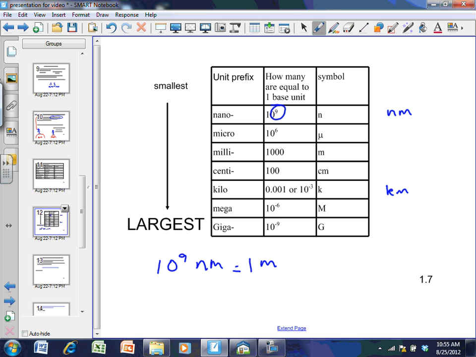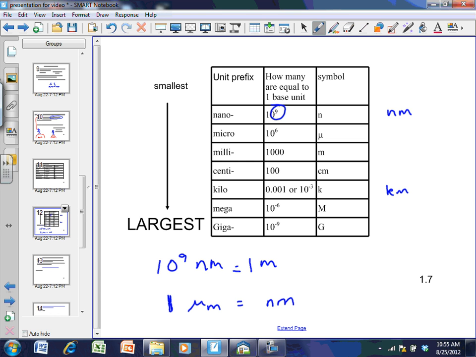If you were going from micrometers to nanometers, you say, well, which is bigger, a micrometer or a nanometer? Well, a micrometer is bigger than a nanometer, so give it 1 and say how many nanometers are in 1 micrometer?